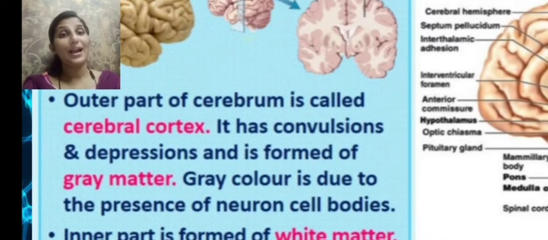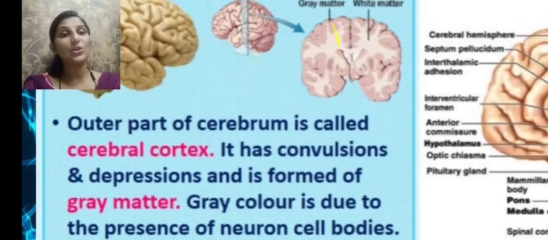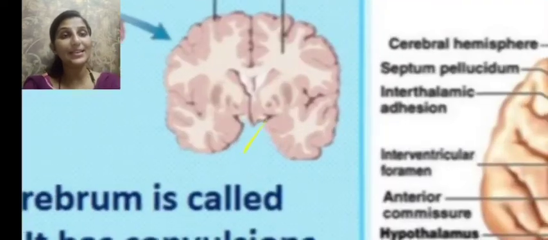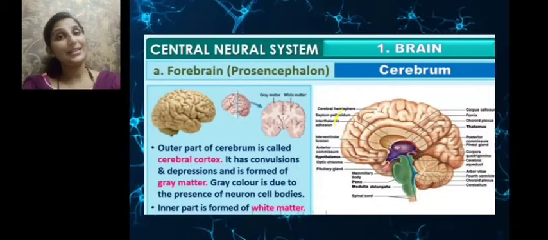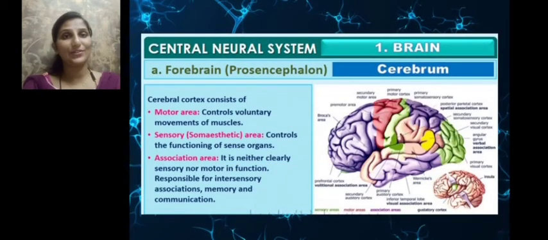The gray matter is due to the presence of non-myelinated axons and the cell bodies of the neurons. The inner part is white matter, and it has myelinated axons.